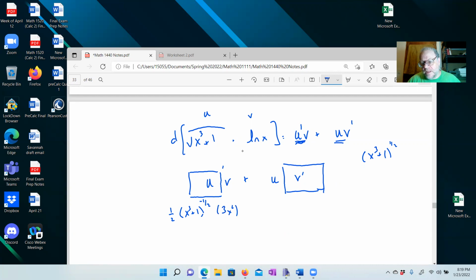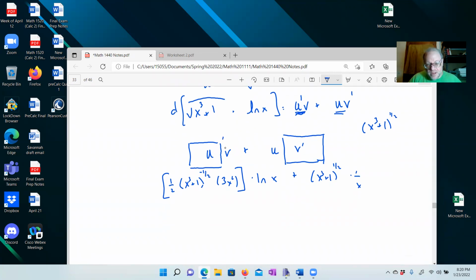So that's one box, times v, which is just natural log of x. Plus the first one, x cubed plus 1 to the 1/2 power, times the derivative of natural log x, which is just 1 over x. Then you put all this together, and that would be your derivative.